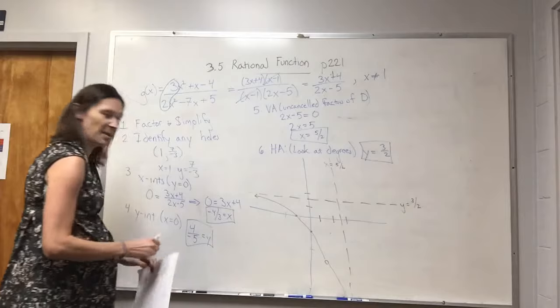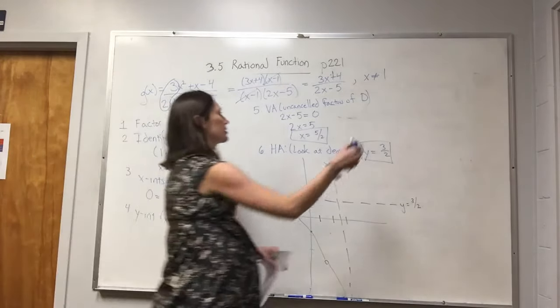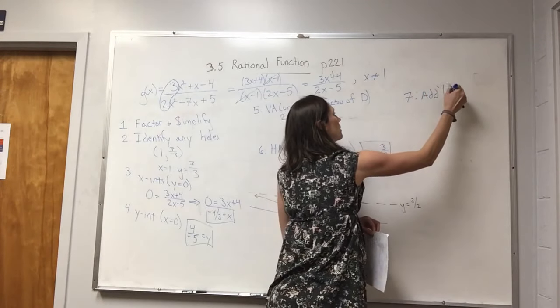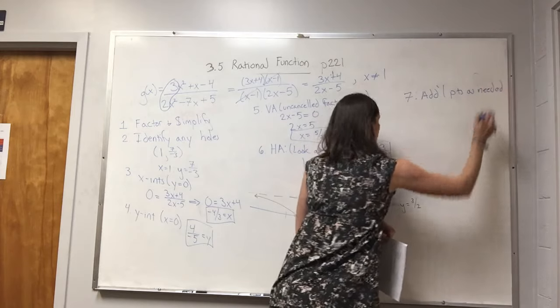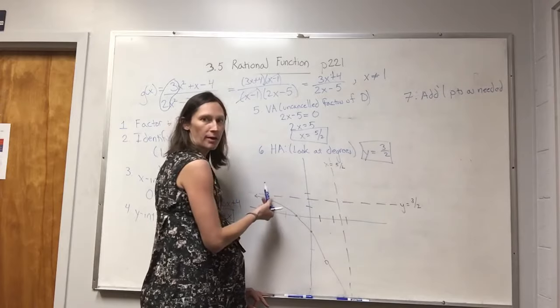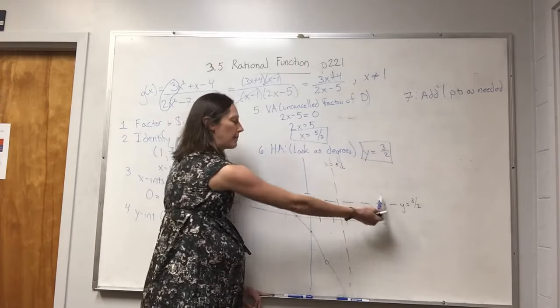All right, so we're up to that step 7 that I alluded to. Step 7 is additional points as needed. And I need them here. Here's why I need them. I know what's going on to the left of my vertical line, but I have no graph, nothing happening to the right.